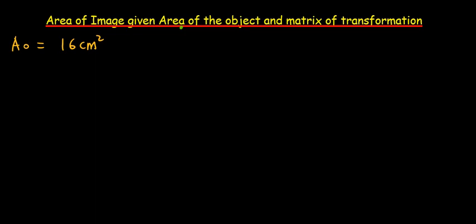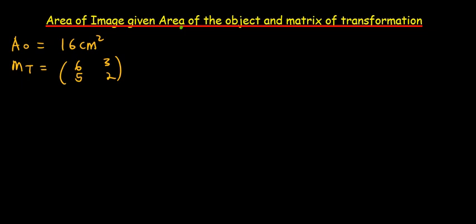A rectangle whose area is 16 square centimeters, meaning that A0 is equal to 16 square centimeters, is given a transformation represented by the matrix MT equal to 6, 5, 3, 2.